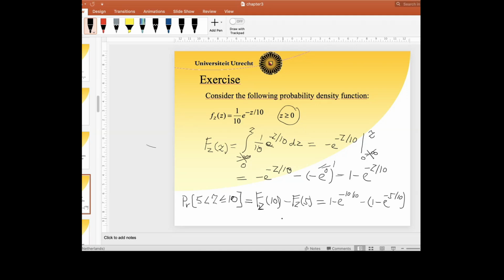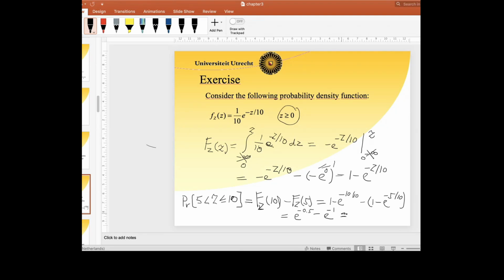So this 1 cancels, so that is e to the power of minus 0.5 minus e to the power of minus 1.